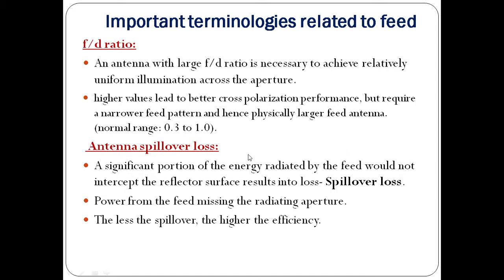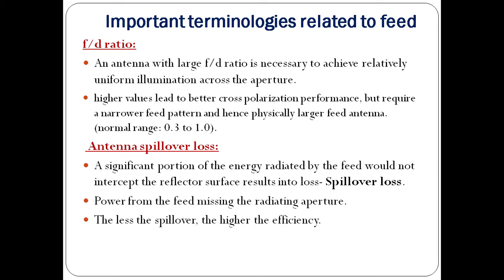What is antenna spillover loss? A significant portion of the energy which is radiated by the feed would not intercept the reflector surface. The power which is radiated by the feed antenna is not intercepted by the reflector, and that results in loss.